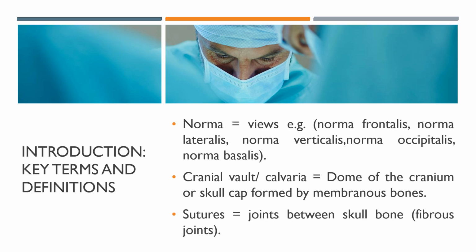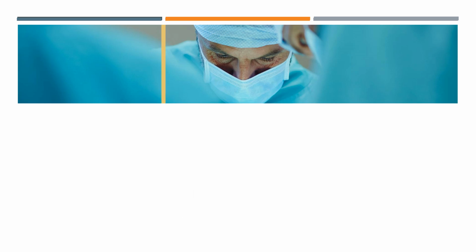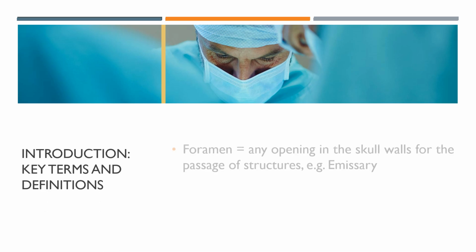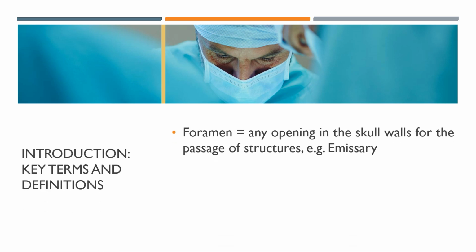And the term sutures means the joints between the skull bones. And as you know, the sutures are a type of fibrous joint. We have also the term foramen, and foramen is any opening in the skull wall that allows for the passage of structures such as the nerves and blood vessels.